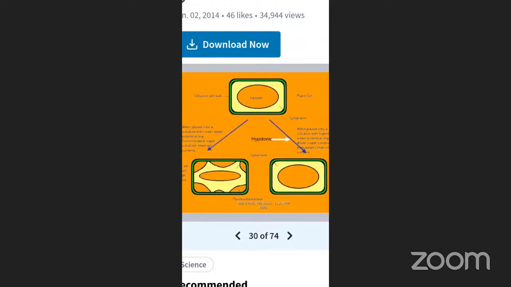Imbibition is a type of diffusion since the water moves along the concentration gradient. The seeds and other such material have almost no water, hence they absorb easily. The water potential gradient between the absorbent and the liquid imbibant is essential for imbibition. In addition, for any substance to imbibe a liquid, affinity between the absorbent and the liquid is also a prerequisite.